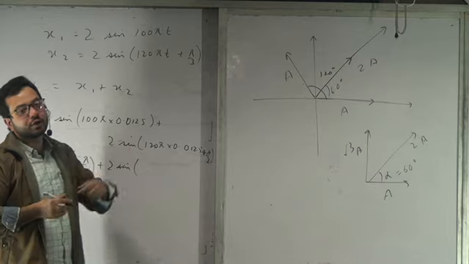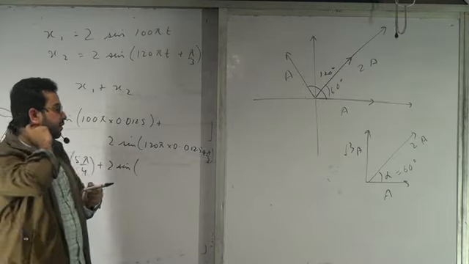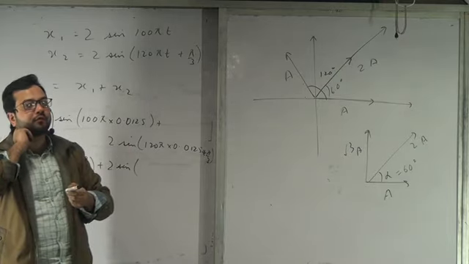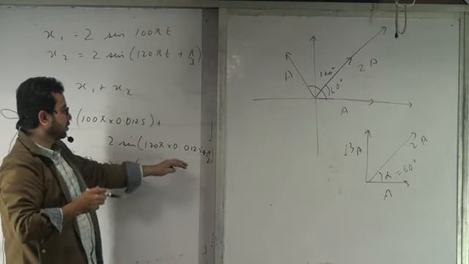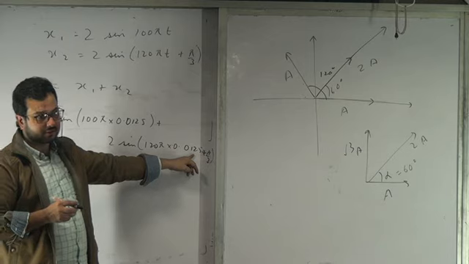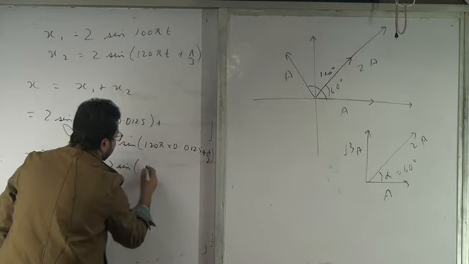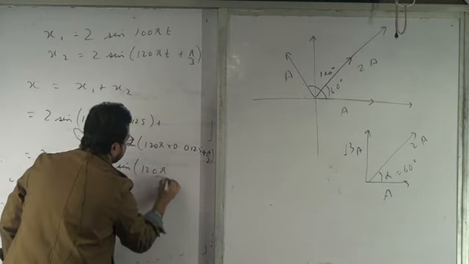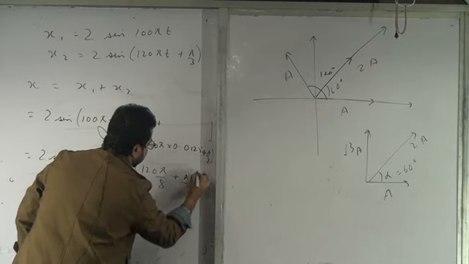Okay, 0.0125. How much is that? 1 upon 4 is... 1 by 80. This will be 1 by 80. Okay, so this becomes 120 pi upon 80 plus pi by 3.